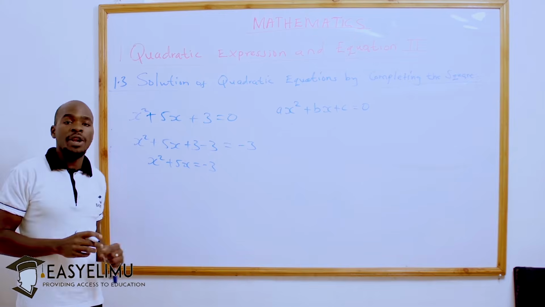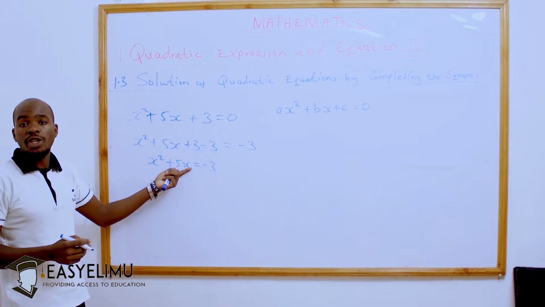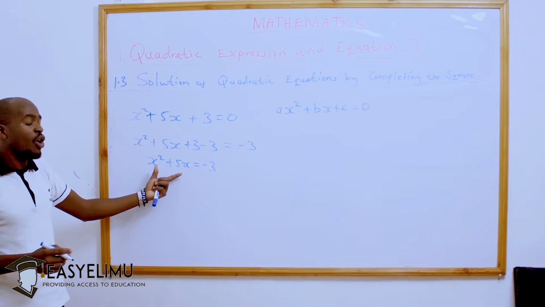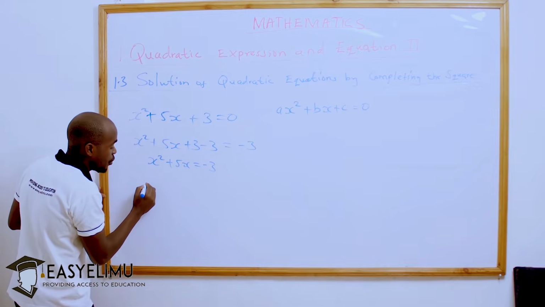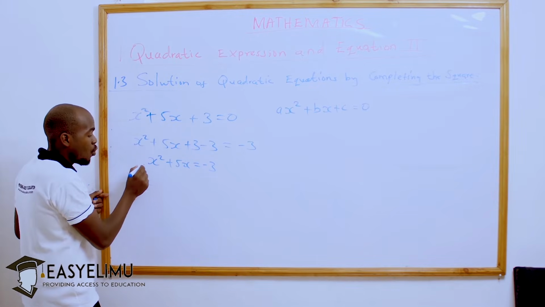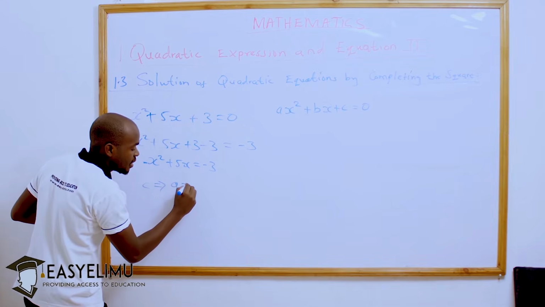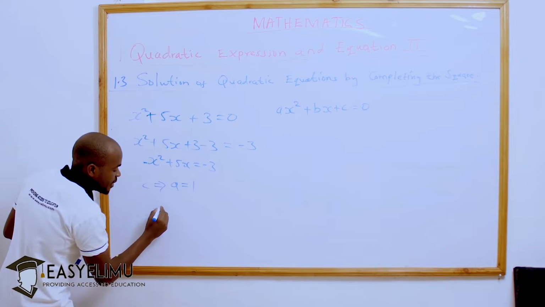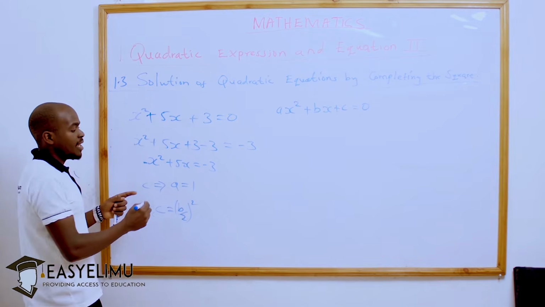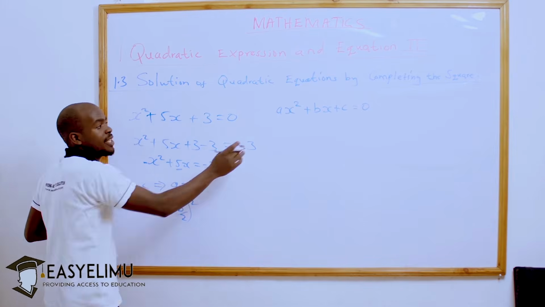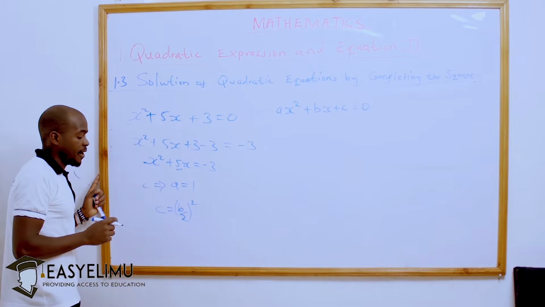Now we have remained with x squared plus 5x, on which we need to complete the square. If we want to find the value of c, where a is equal to 1, we say c is equal to b over 2 squared. Comparing the coefficient with this quadratic equation, our b here is 5.